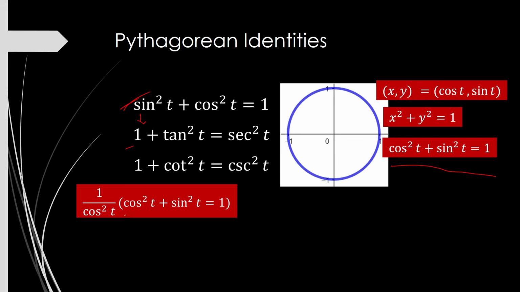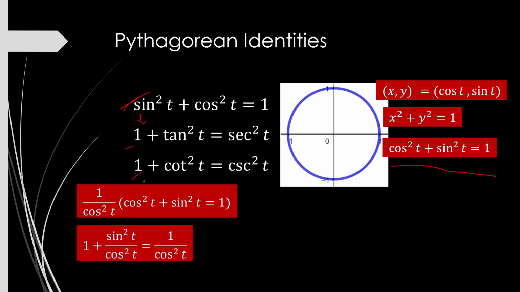Let us multiply that by 1 over the square of cosine of t, and let us see what will happen. The square of cosine of t times this becomes the square of cosine of t divided by the square of cosine of t, which is just equal to 1.